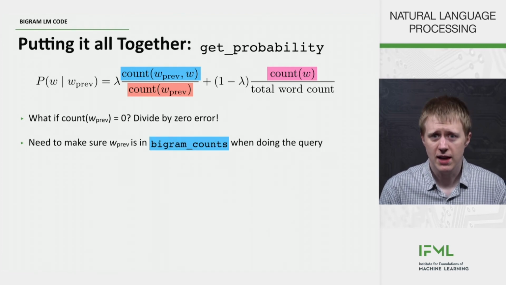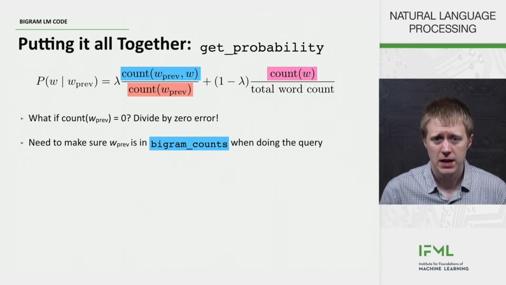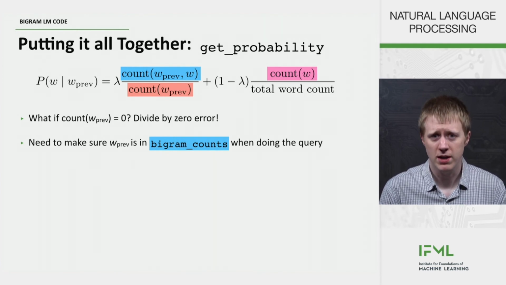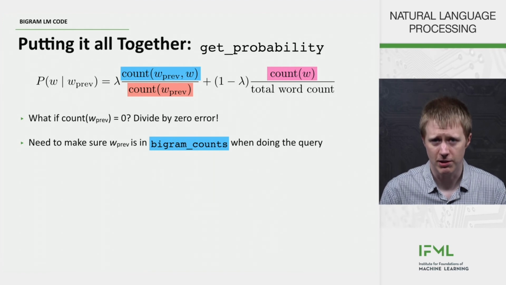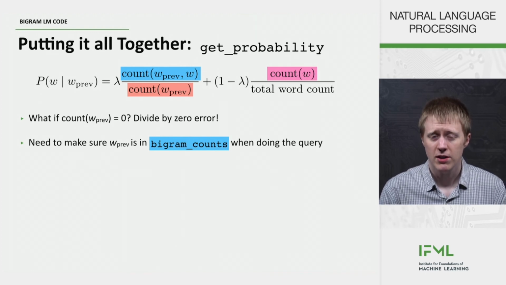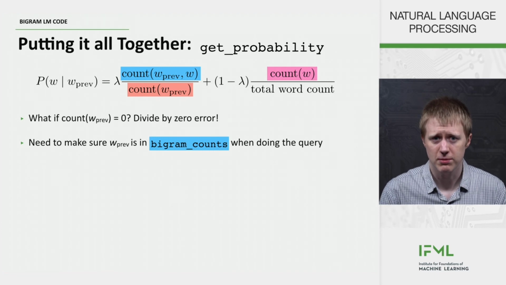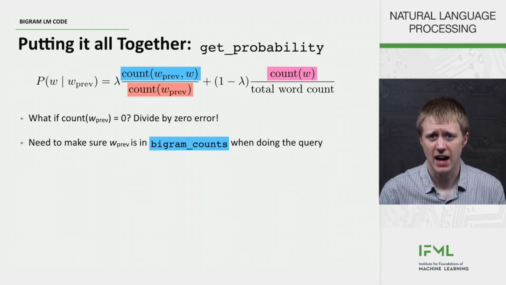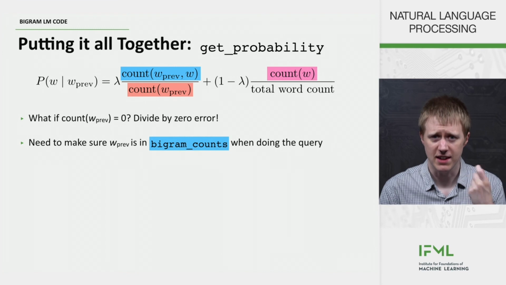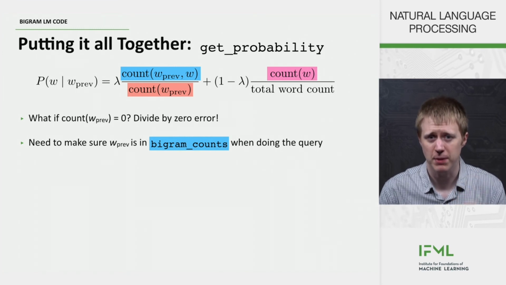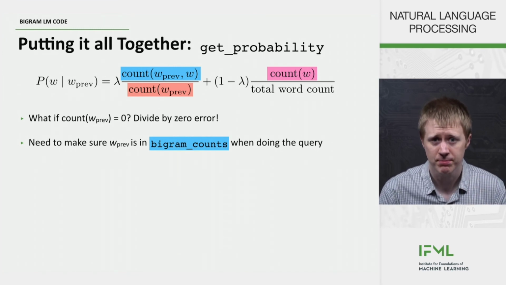In that process, which is defined in getProbability in the BigramLanguageModel class, we need to think about one slightly tricky case, which is what if count of wprev equals 0? Then we end up with this 0 over 0 thing, and that's not what we want. So we need to make sure that wprev actually has some non-zero count, and that wprev is actually in the first bigramCounts map as a key.